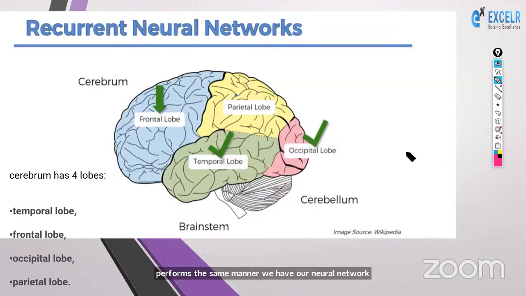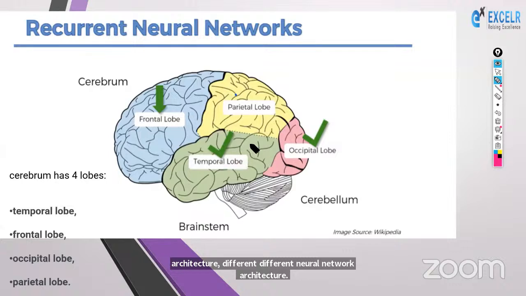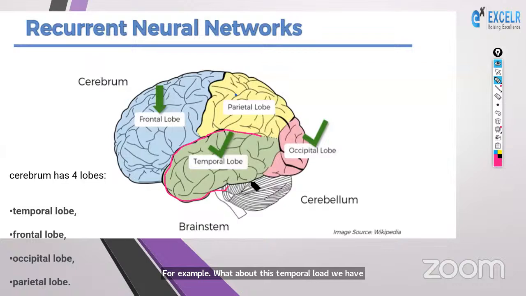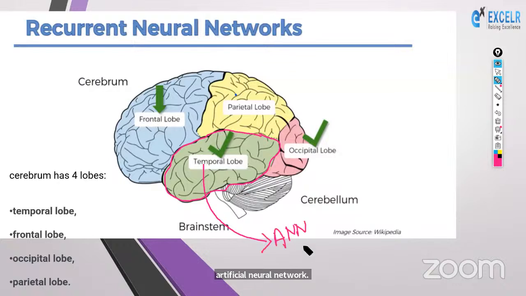For example, the functionality of the temporal lobe is being transformed into the artificial neural network. So if you build an NN kind of model, the model will have a similar functionality as the temporal lobe, right?